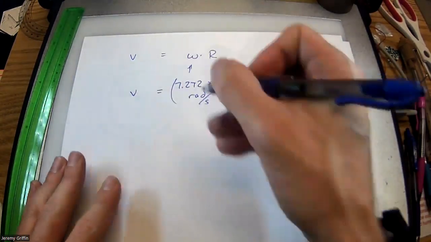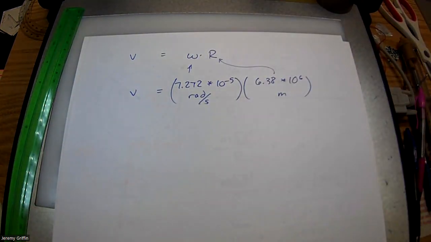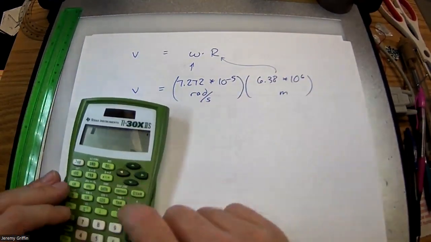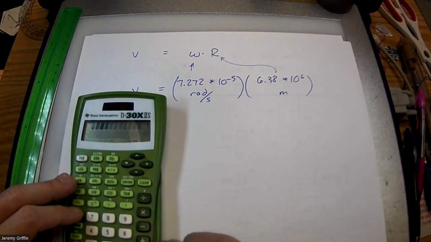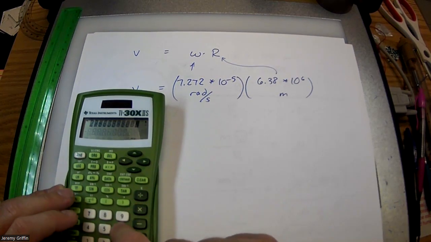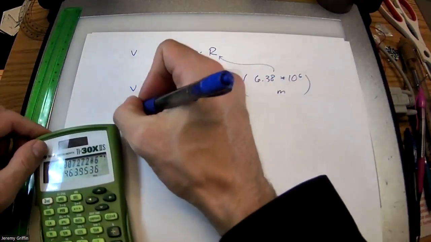This would give us the speed in meters per second. It's meters per radian, times radians per second, gives you meters per second.